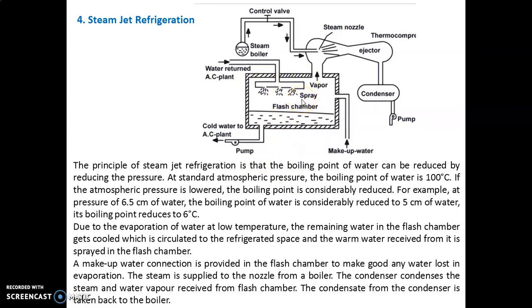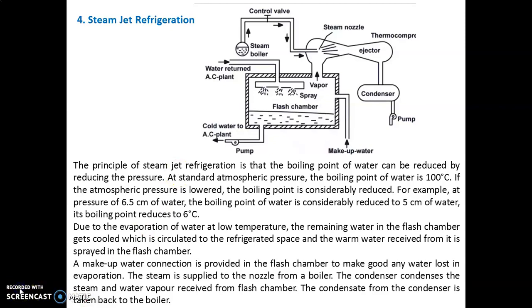A makeup water connection is provided continuously in the flash chamber to make good any water lost in evaporation. Steam is supplied to the nozzle from the boiler, and the condenser condenses the steam and water vapor received from the flash chamber. The condensate from the condenser is taken back to the boiler.